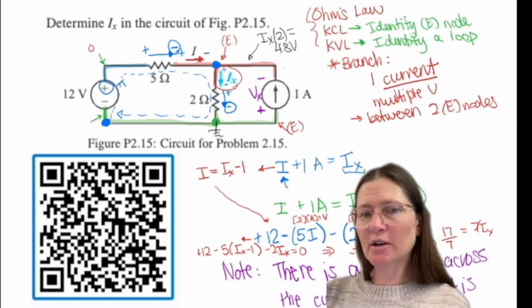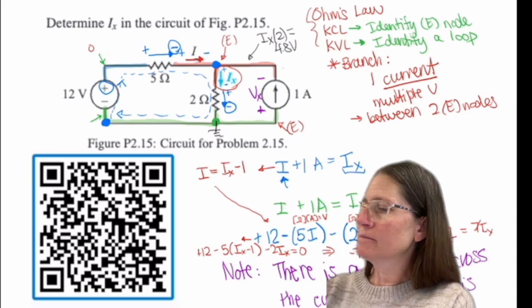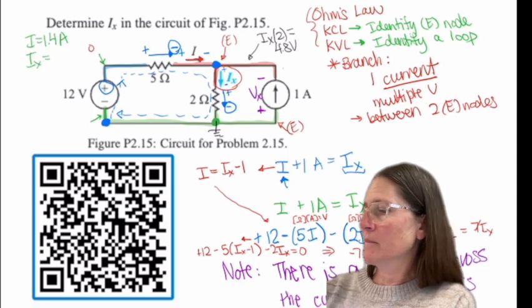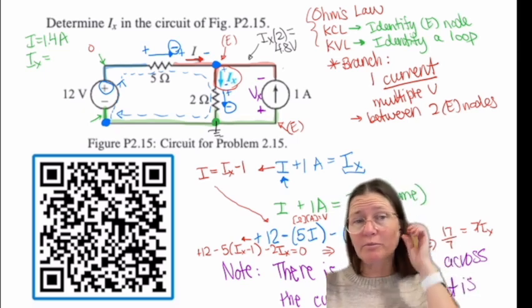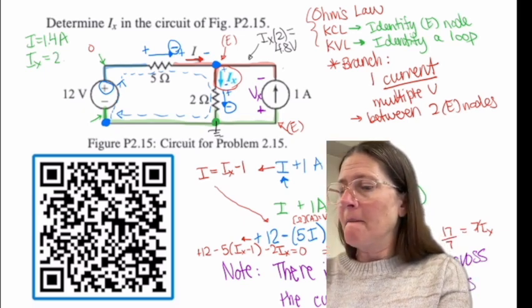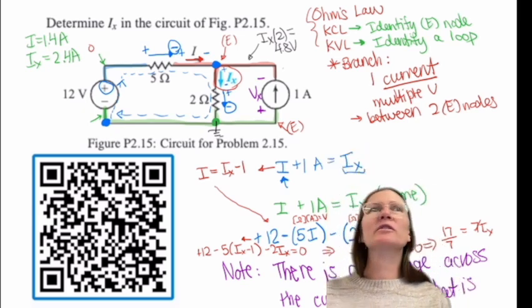And so I here will be 12 minus 4.8 divided by 5. I'm going to leave it as an exercise for you to find that I was 1.4. And there's 2 different ways you can solve for that. Okay, any questions?